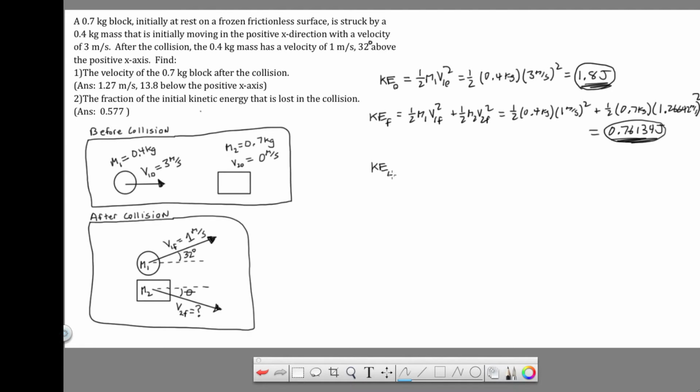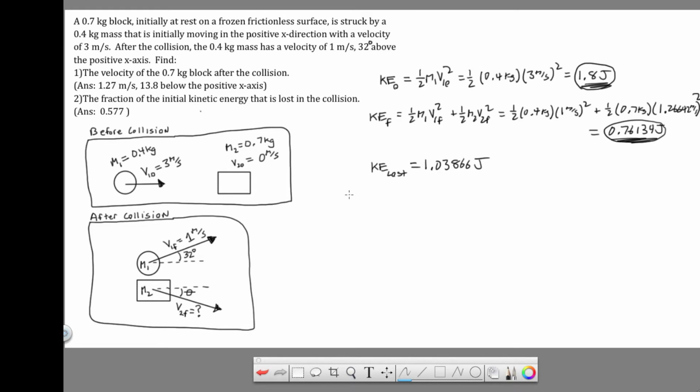So the kinetic energy lost is the difference between those, which happens to be 1.03866. That's how much kinetic energy was lost. Just subtract those two.